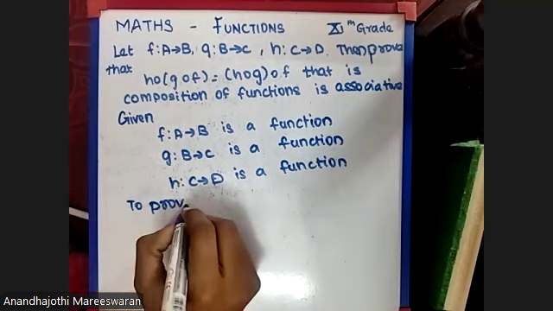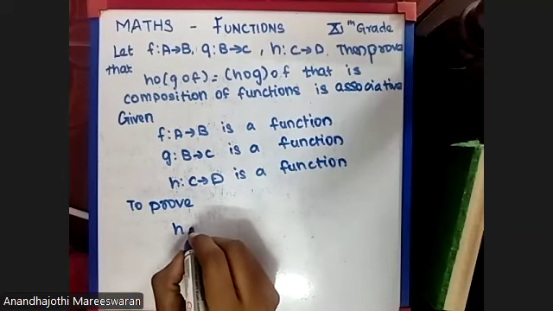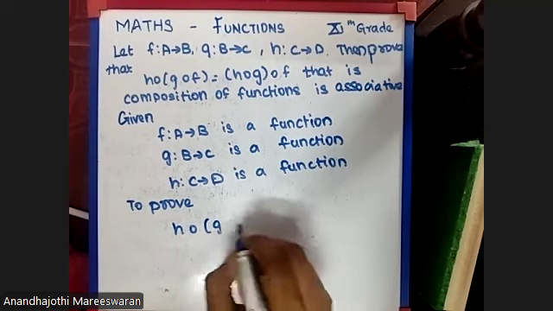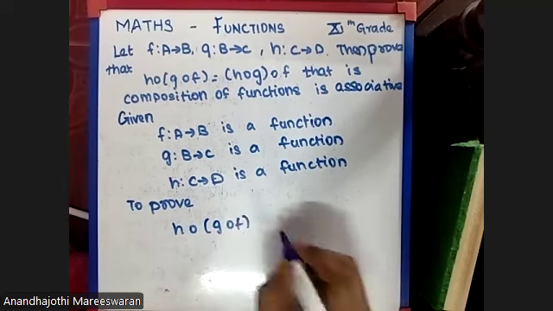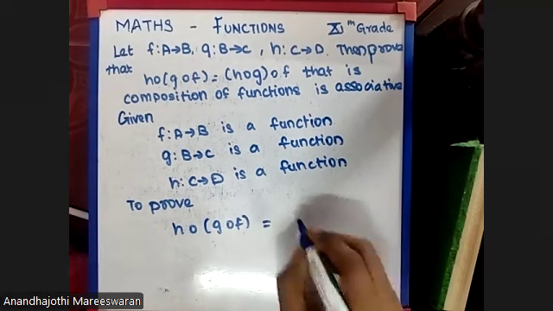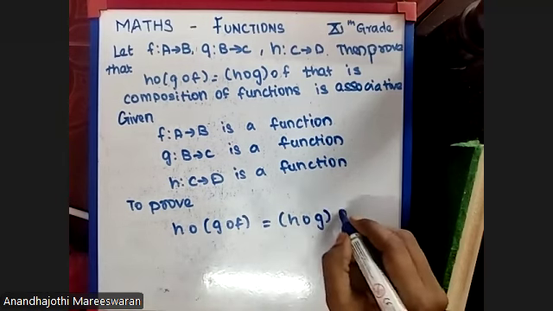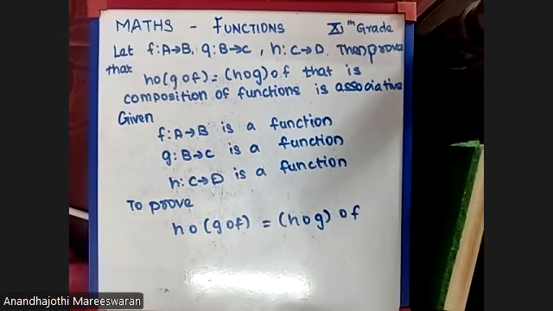To prove H circle (G circle F), right? Equals (H circle G) circle F. We are going to prove this, right? Okay, fine. So kindly copy this.